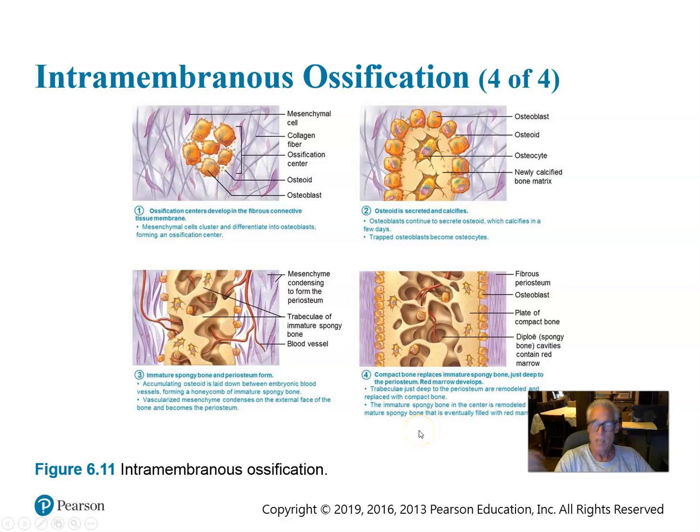I want to be able to say, explain to me what is meant by intramembranous ossification and what happens during that process from start to finish. So that's your task. For both endochondral ossification and intramembranous ossification, I want you to work up a description of each of the steps in your own wording, and then learn those things to be able to tell me about it at a later time.